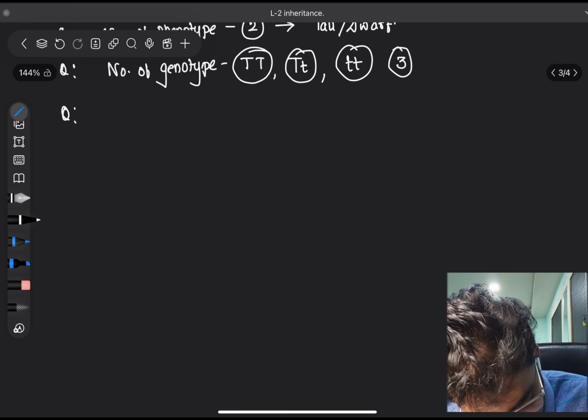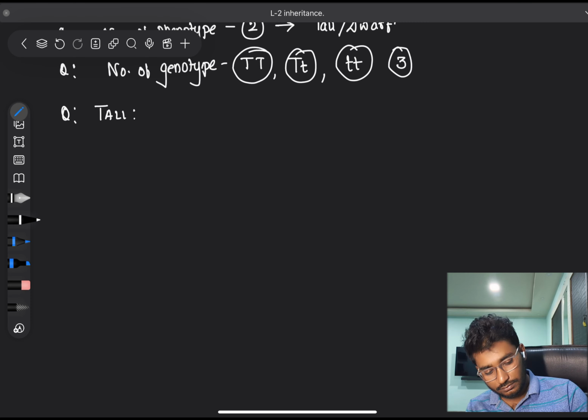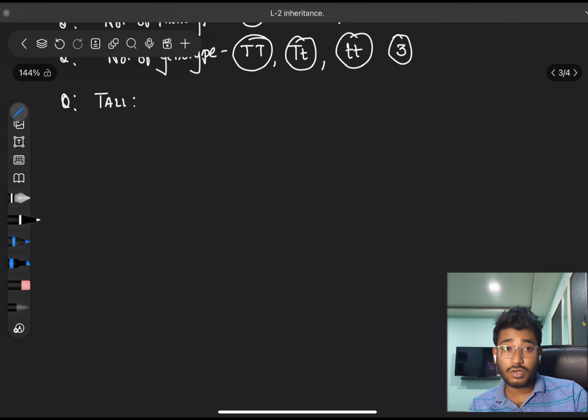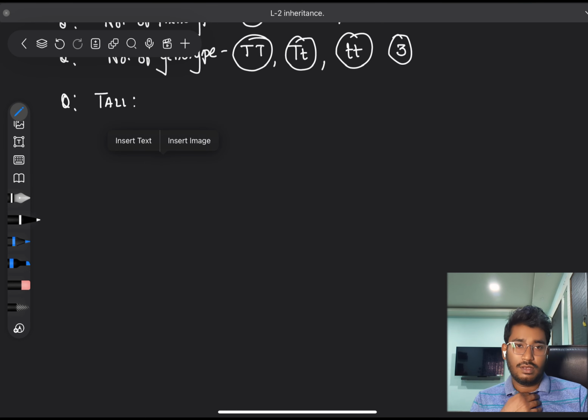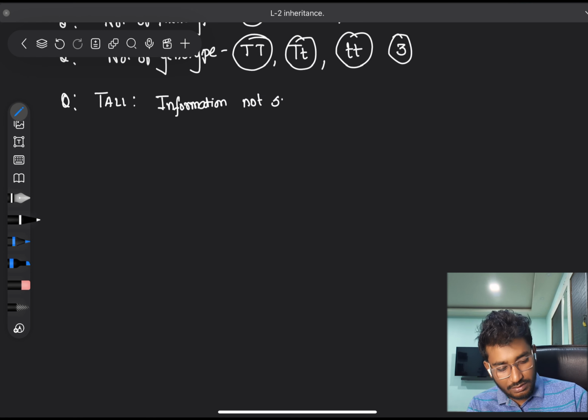Okay. Next question, tall. If we say tall, the information is not specific. What tall? Homozygous tall, heterozygous tall. So you cannot say it by simply saying tall. The information is not specific.